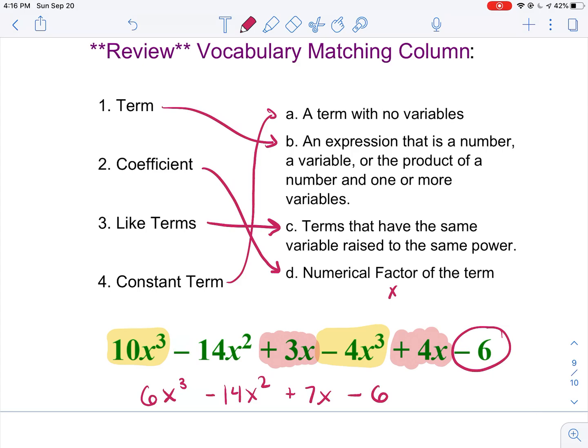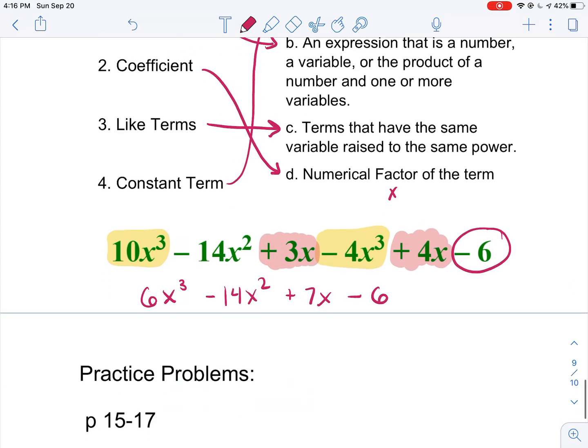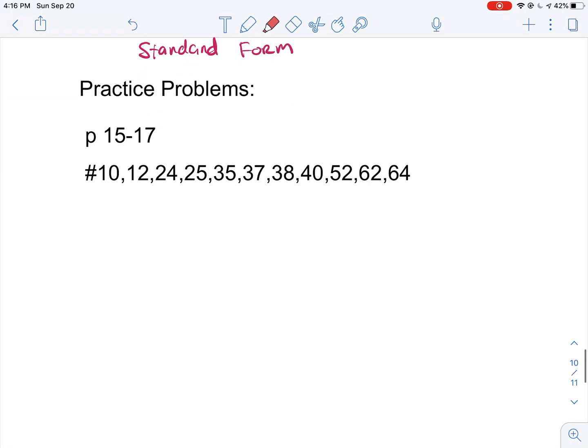The constant term goes at the end because typically we represent this in what's called standard form. Standard form just means that we list the exponents in order from greatest to least, right? 3, 2, 1, none.